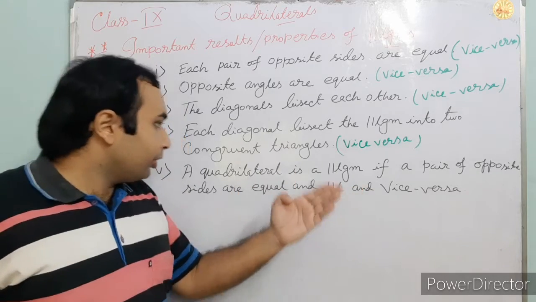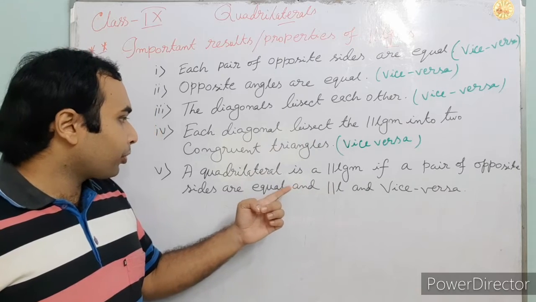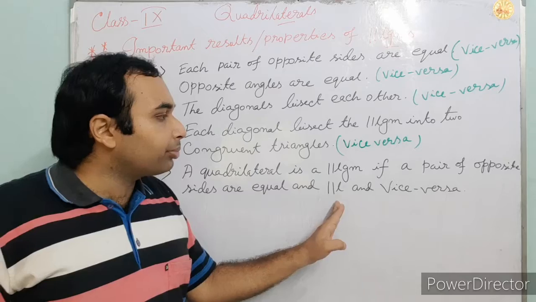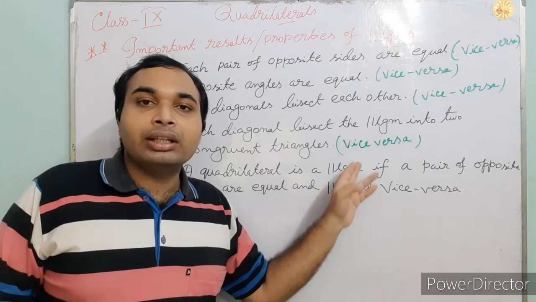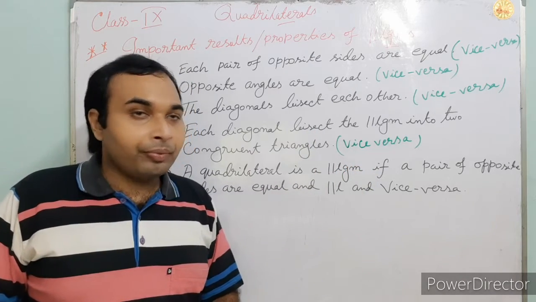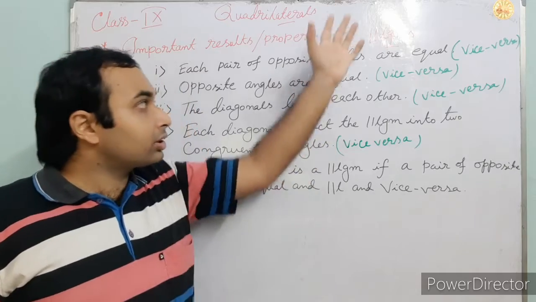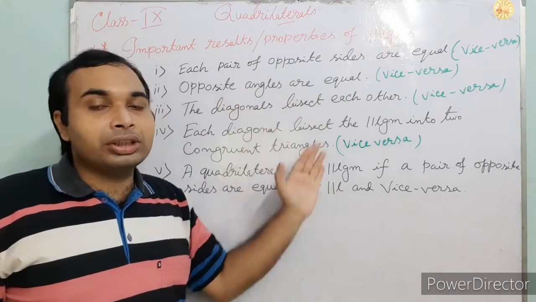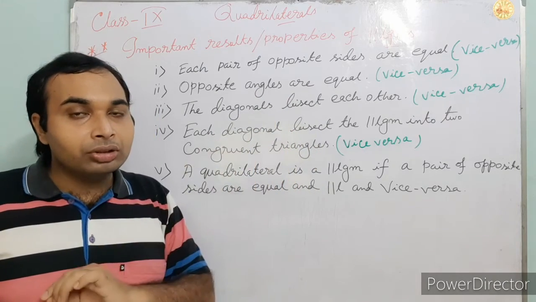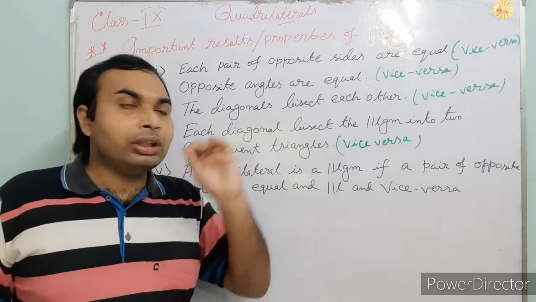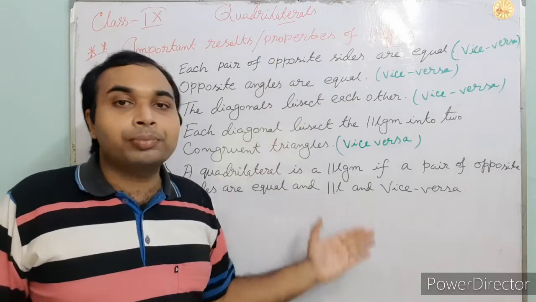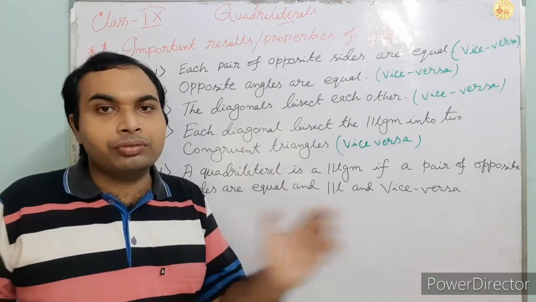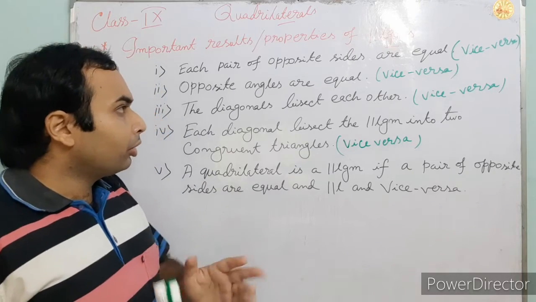That is, if in a quadrilateral the opposite sides are equal and parallel, then we can say that it is a parallelogram. So in both ways those are true, and they are the most important theorems of this chapter. Individual proofs are there, but we will not do them here because of shortage of time, and the video would become much longer.